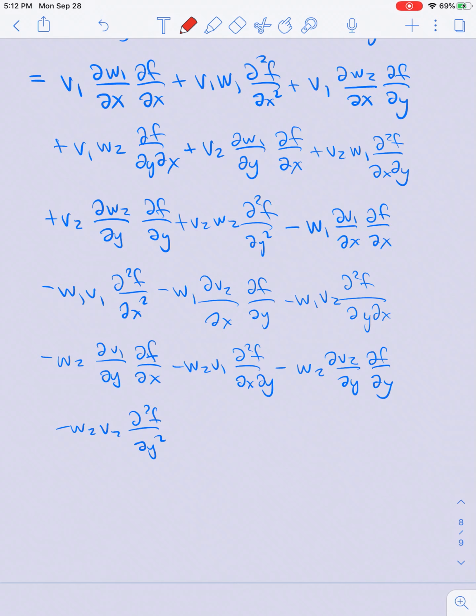So here I have a d squared f dx squared, and it should get canceled out. D squared f dx dy will get canceled out by a d squared f dy dx. Luckily, mixed partials of coordinate directions do commute. D squared f dy squareds get canceled out, and then finally df.